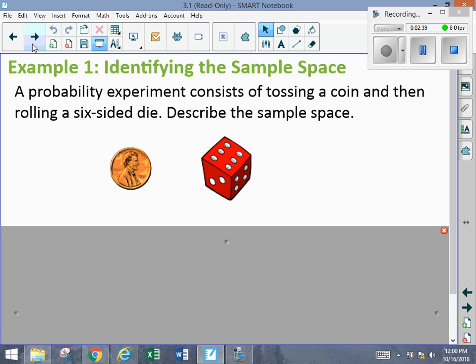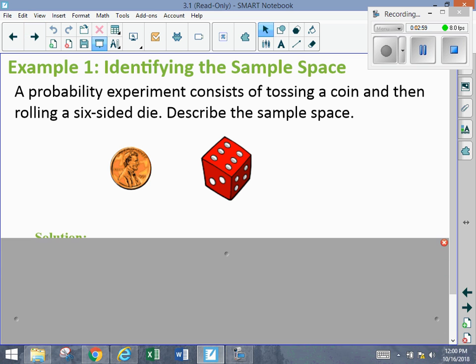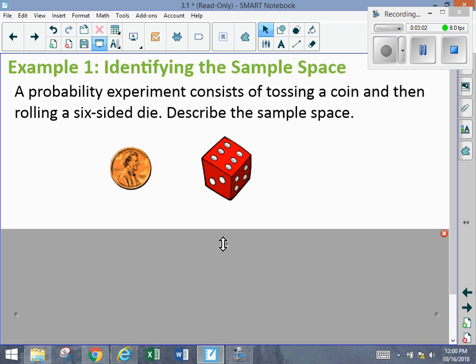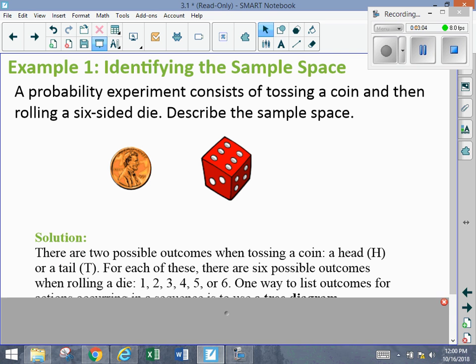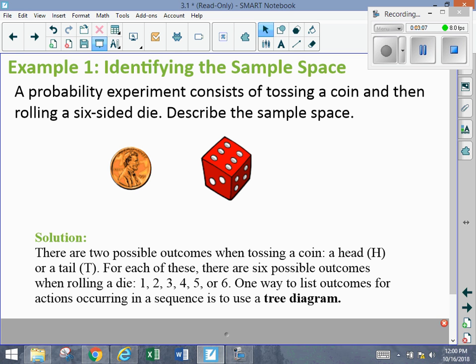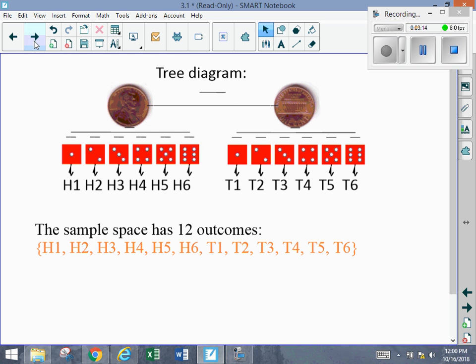Okay, so let's describe the sample space if we were to toss a coin and then roll a 6-sided die. I like to use a tree diagram for that.